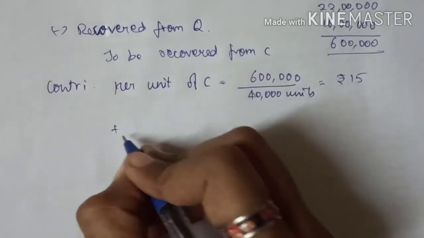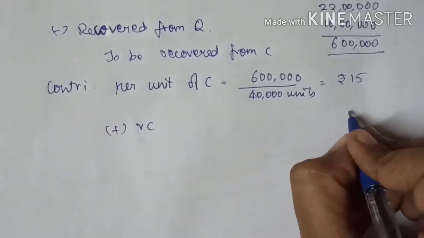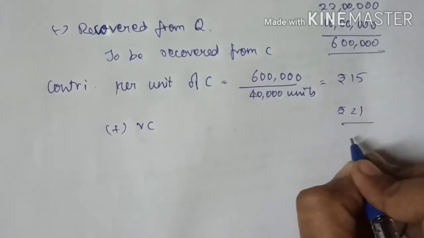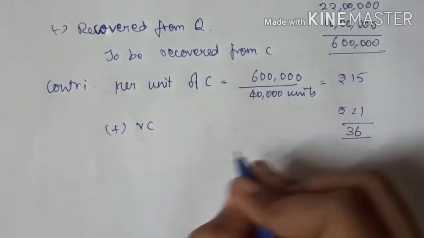Then you add variable cost, which is 21, and the selling price is 36 rupees.